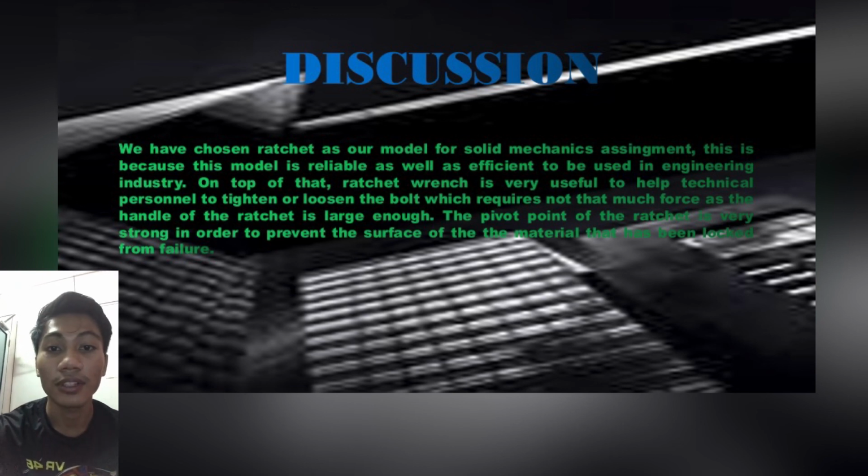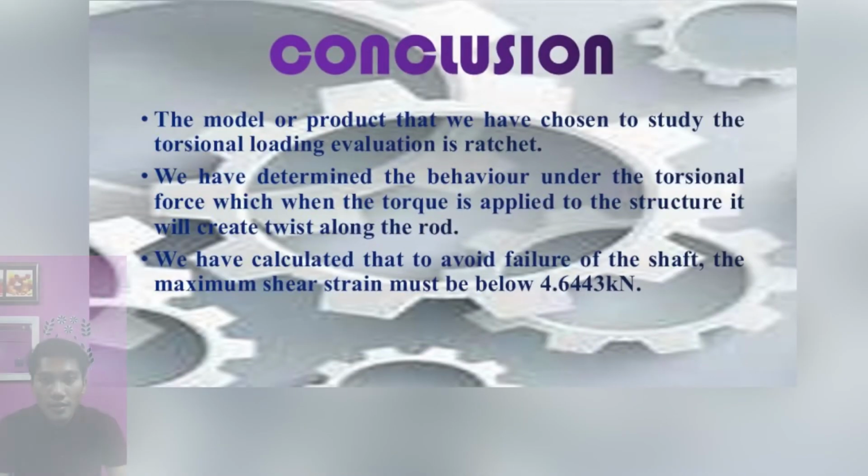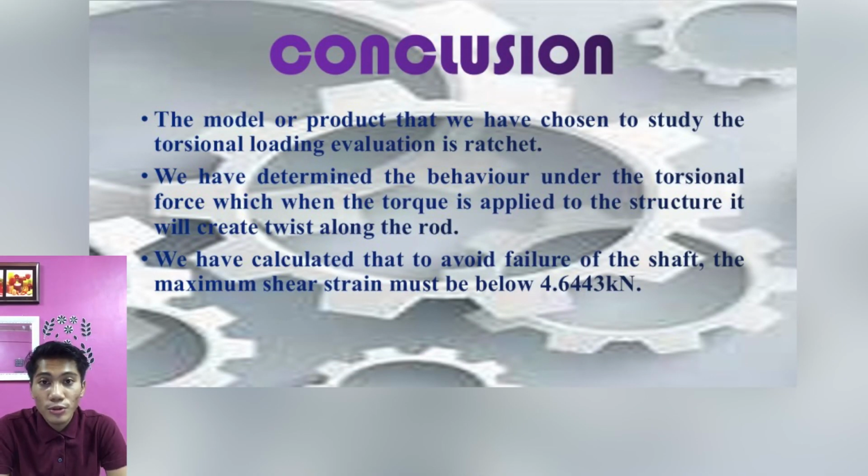Okay, we go to the conclusion. We go through to the final part of this presentation, which is the conclusion. From our project, we can conclude that the model of product that we have chosen to study torsional loading evaluation is the ratchet.